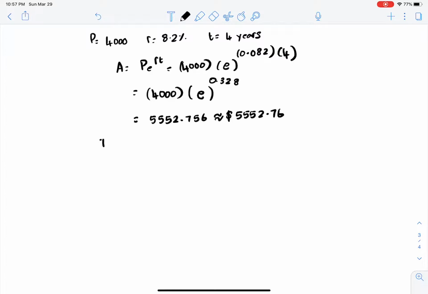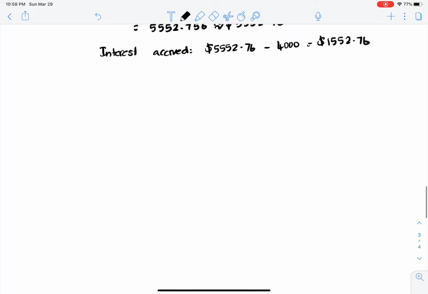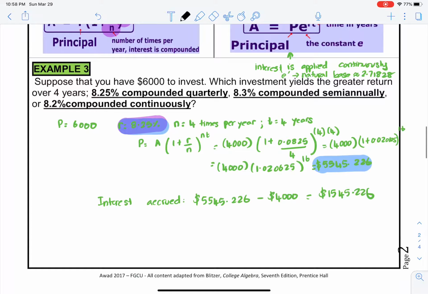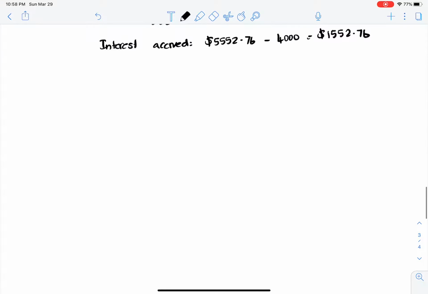So the interest accrued in this case is the final amount at the end of 4 years minus $4,000. We get 1,552.76. So the three cases, 8.25%, 8.3%, 8.2%.